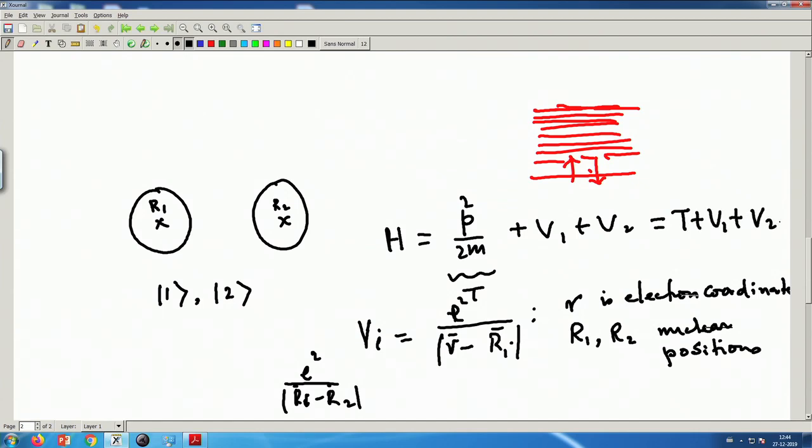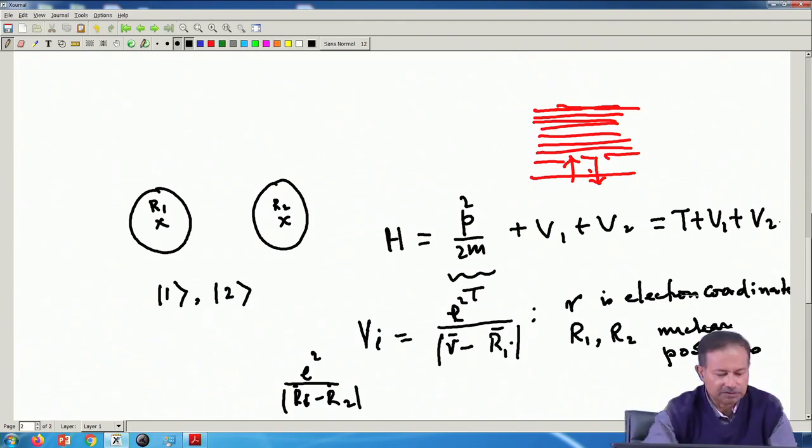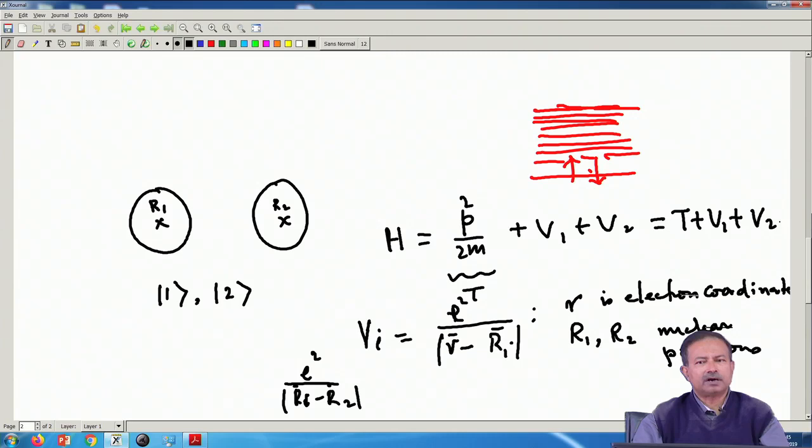Now, the fact that the nuclei are fixed and the electrons move about them is actually not a very bad approximation, because the nuclei are basically protons, and their masses are nearly 2000 times more than the masses of the electrons, so their dynamics is far slower than the dynamics of the electrons.